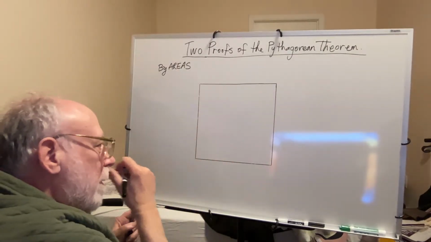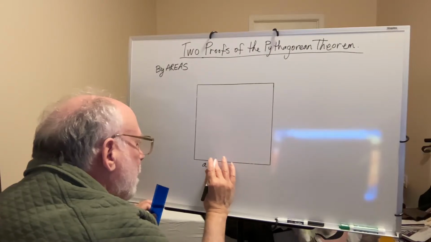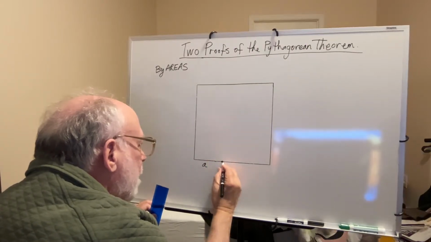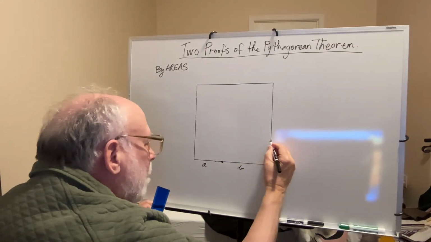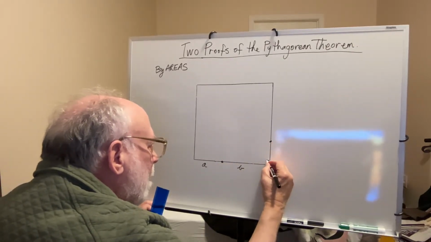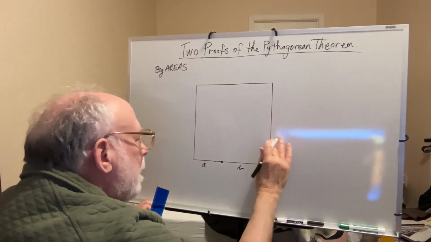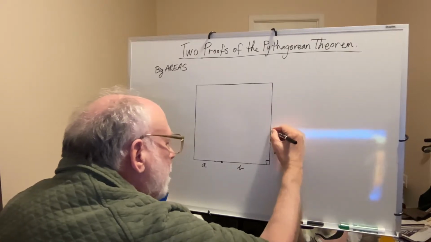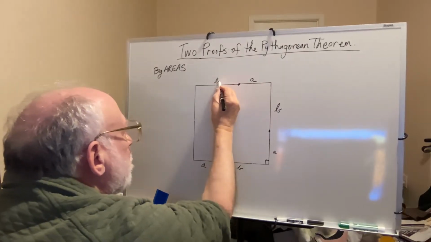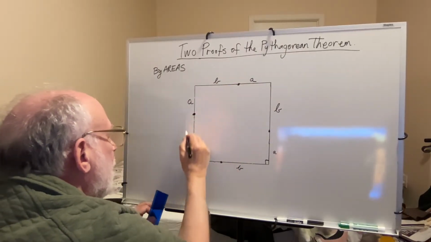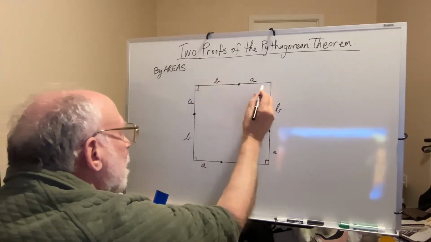We're going to draw a square here, and the side of the square is going to be a plus b. This is going to be a plus b, over here a plus b, and over here a plus b. These are squares.